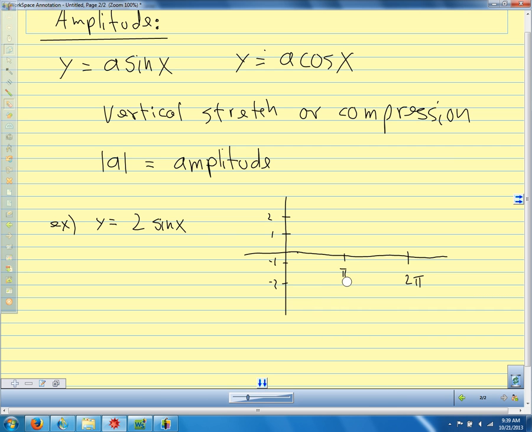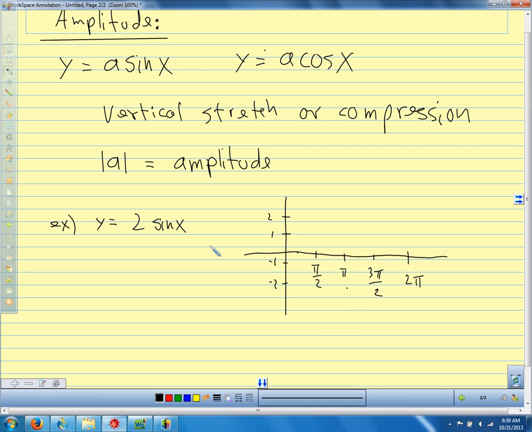So that's pi. And so for this one, a quarter of a period is pi over 2 units. The other thing that will happen as we start doing these graphs is hopefully you'll get very comfortable with fractions, because we'll be doing these in multiples of pi over 2, pi over 3, pi over 6, etc.